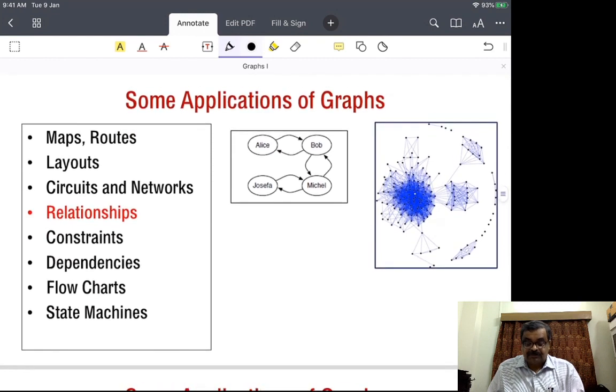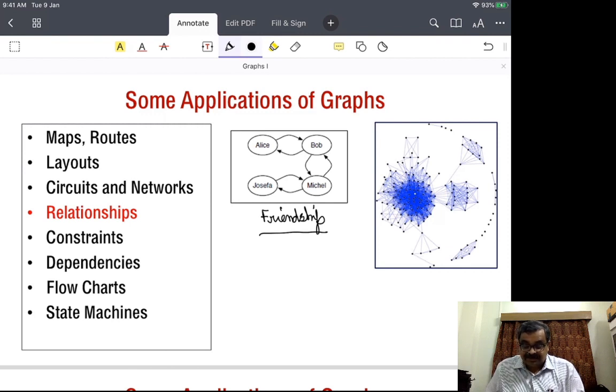One of the most important areas today in graphs is to maintain relationships. As we have seen, the connection between 2 nodes is just a relationship, and therefore these relationships are modeled by edges. Here is a friendship relationship, let us say, between Alice, Josepha, Michael, and Bob.